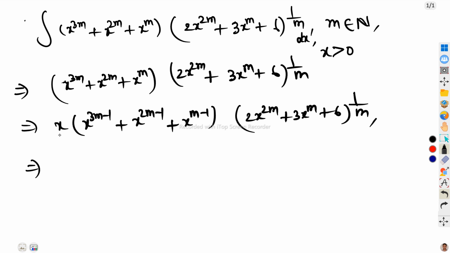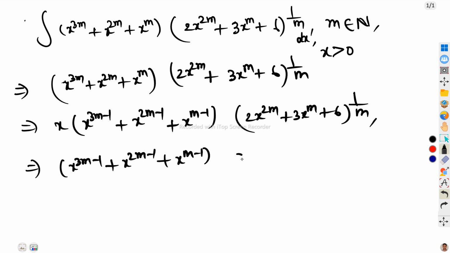Again, we are going to multiply this x into the radical. So what we do: x^(3m-1) + x^(2m-1) + x^(m-1).